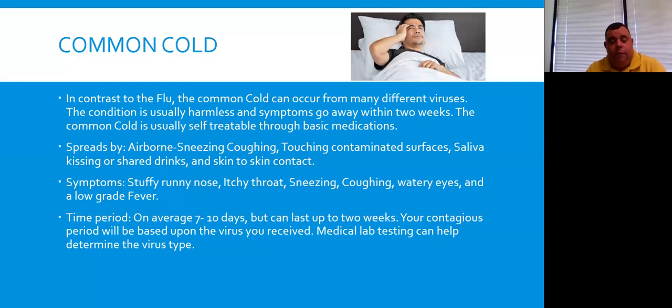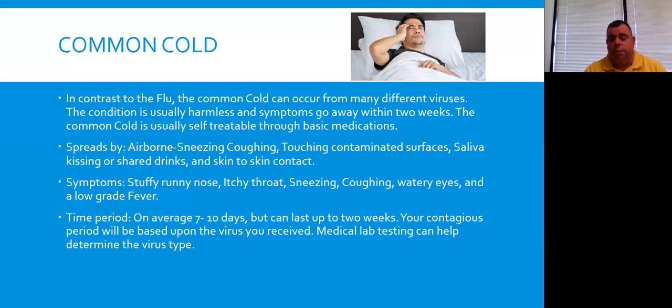Now, the time period for the common cold, because once again, these are different viruses for the common colds. Nobody's going to really know what kind of cold virus you've received unless you go to a health clinic or the hospital and receive a test, and then they can figure out what type of virus you do have. But on average, the common cold will last 7 to 10 days.